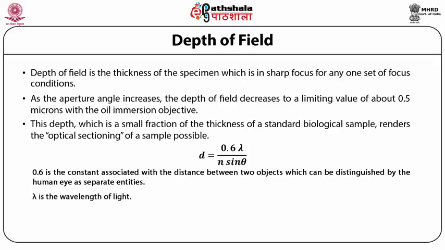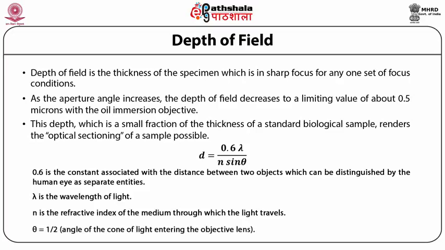Lambda is the wavelength of light, n is the refractive index of the medium through which the light travels, and theta is one half of the angle of the cone of light entering the objective lens.